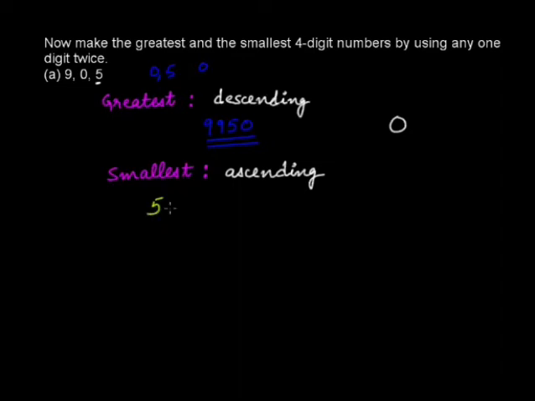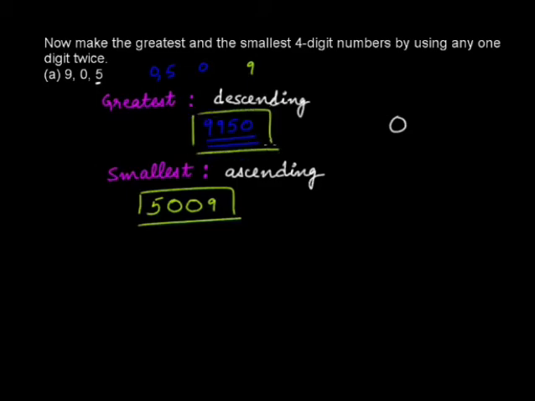Now I can use 0 and again a 0, because I have to form the smallest number where I have the liberty to use one digit twice. So of course I'll use the smallest one twice. And we are left with 9. I'll write 9 here. So this is the smallest, this is the largest.